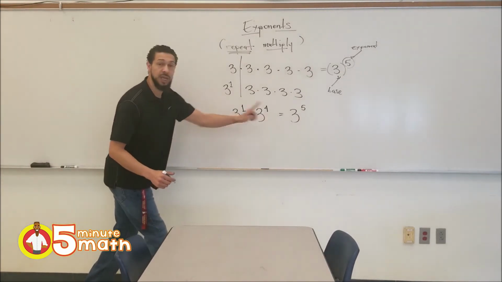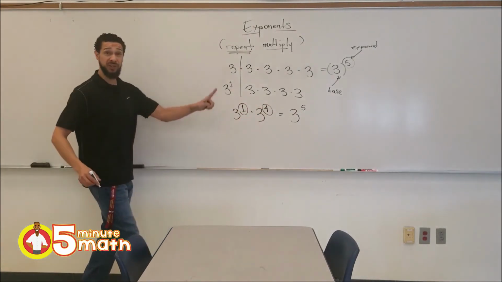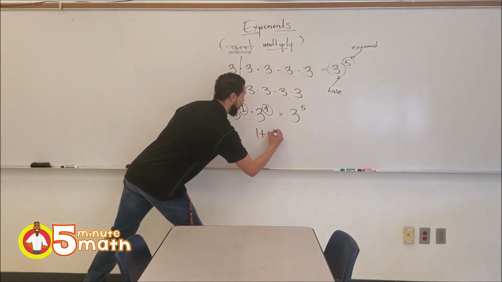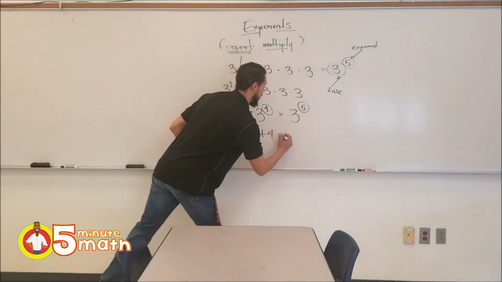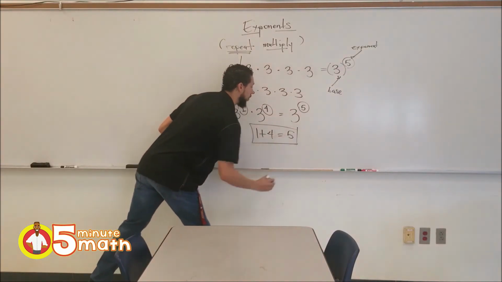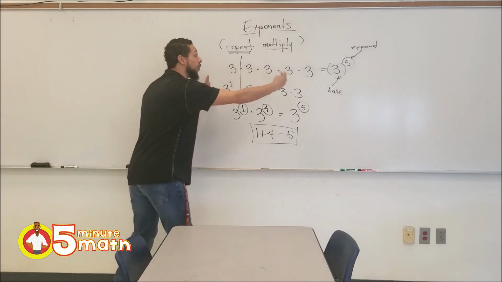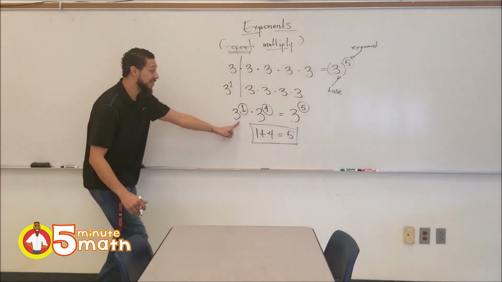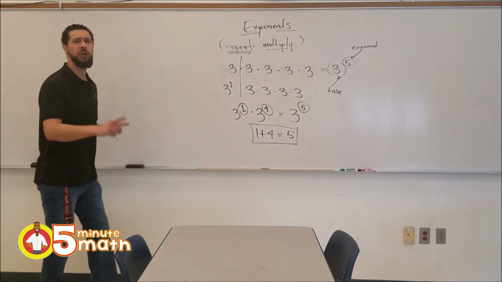Look at this. If I add these two exponents together, 1 plus 4, look at that exponent at the end, 5. In this situation, you were multiplying the same thing over and over again. If they had the same base, you add the exponents. Let me show you that with some letters.